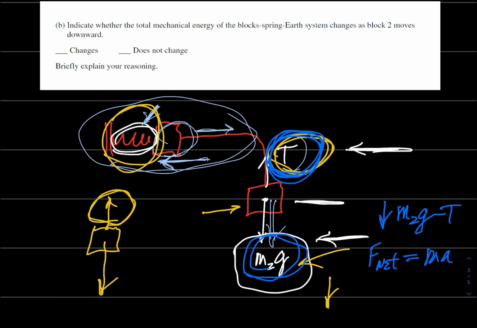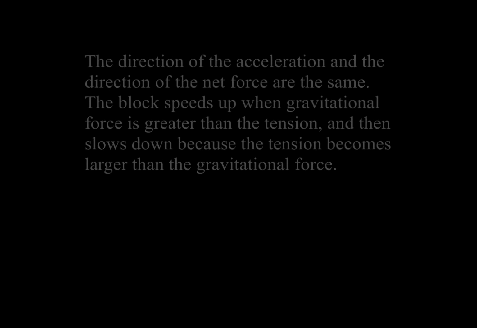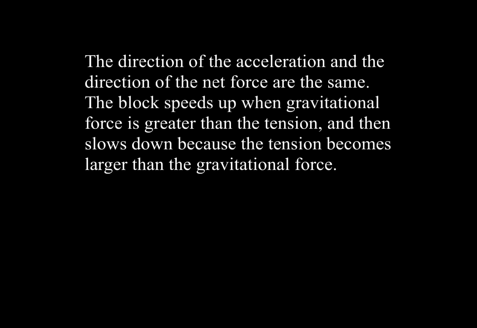They asked for what forces were directly acting on block number 2. And then they give an example response that they think is great. Quote, the direction of the acceleration and the direction of the net force are the same. The block speeds up when gravitational force is greater than the tension, and then slows down because the tension becomes larger than the gravitational force.